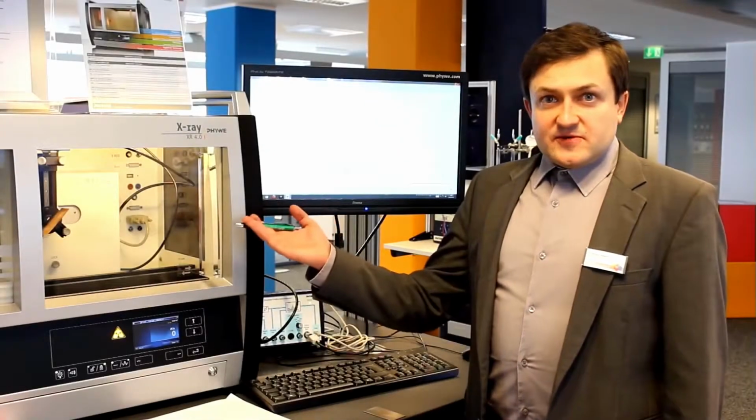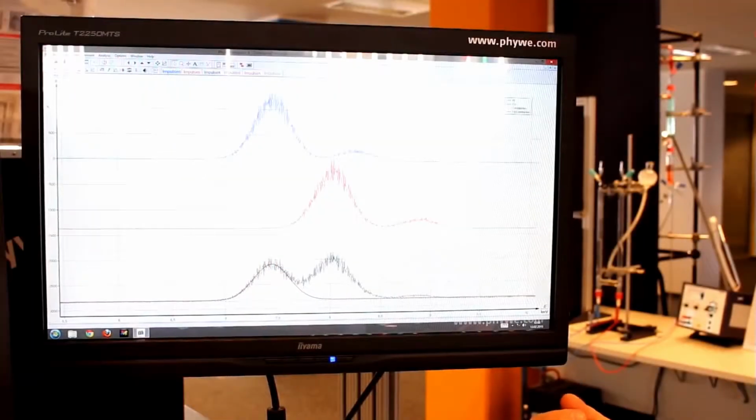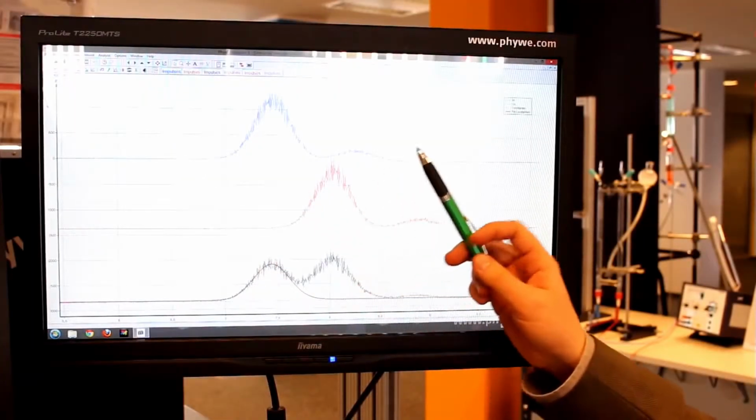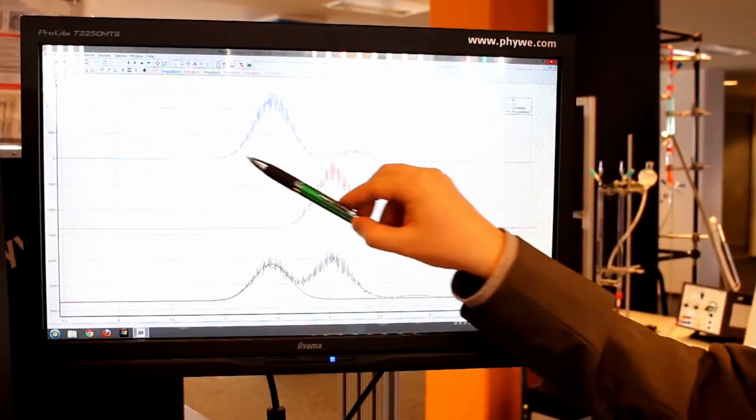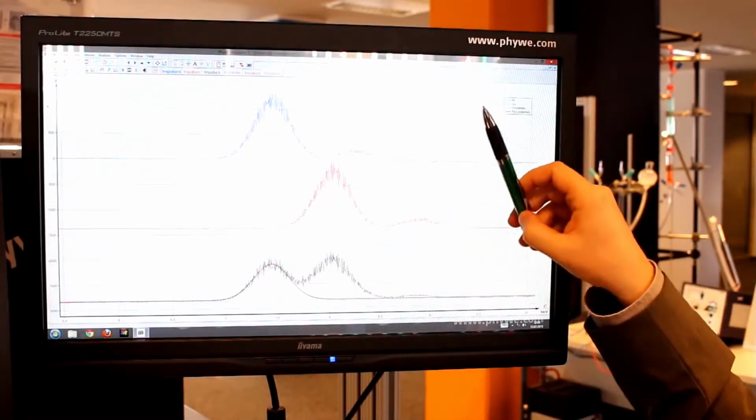After measurement of pure materials, we are now ready to go on with the quantitative analysis of the constantan components. Here you see the results on the monitor. The blue line is the fluorescence spectrum of nickel, red is copper, and black is constantan.